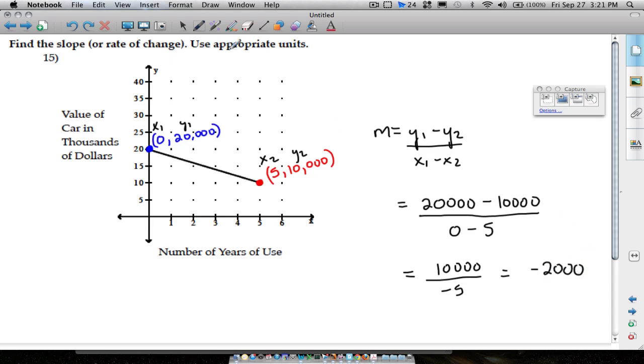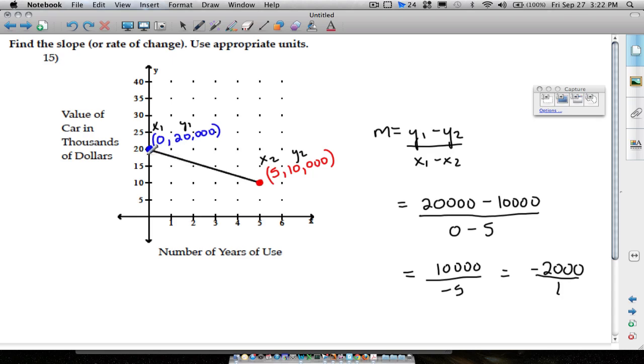But now let's use the appropriate units and put this in a sentence. This is understood to be over 1, but we can just say negative 2,000. That means every year that we had this car, it drops $2,000. So for example, if it was worth 20,000 here, at year 1 it would be worth 18,000.